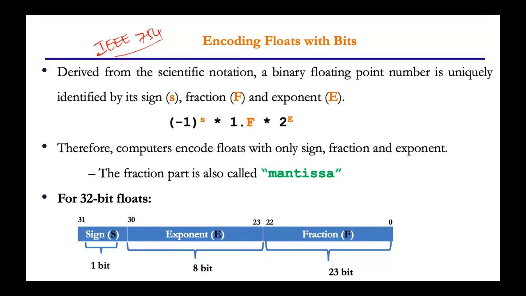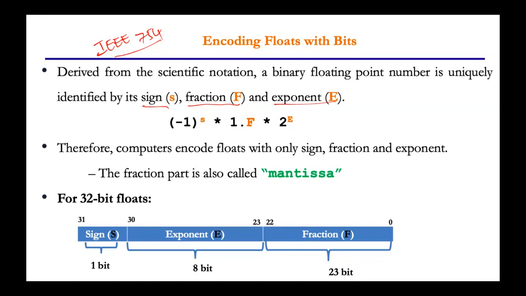A binary floating point number is uniquely identified by its sign, because we are talking about signed floating points, and its fraction and exponent. These are three major components.